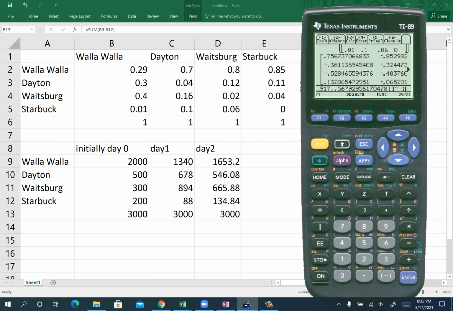Now, if I cross my fingers, what I should end up with is what I started with, which is 29%, 30%, 40%, and 1%, roughly. You see that? And so obviously it's going to be a little off. I rounded. That is exactly what it should have been.